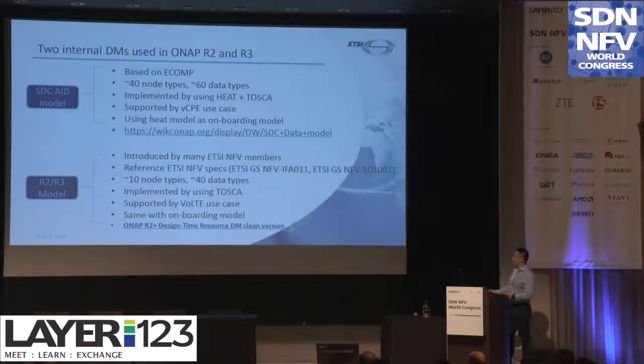If I remember correctly, for the information module part, it's based on 2.4.1, and for the SOL001 part, it's based on the 0.6.0 version. It's mainly based on TOSCA, and we use that module for the VoLTE use case.